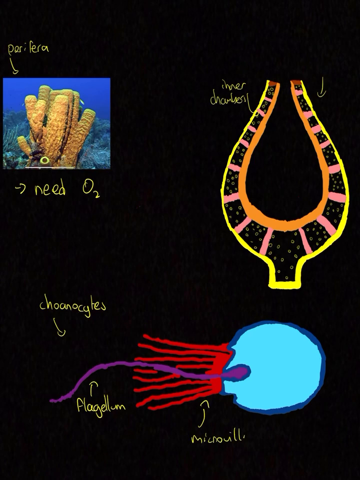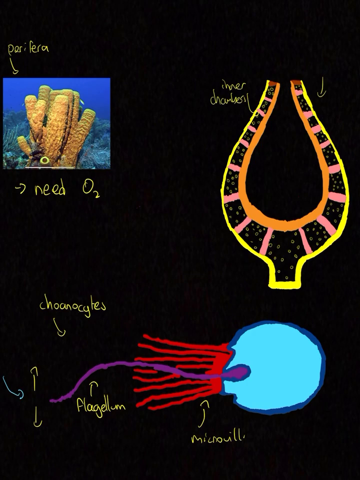The flagellum's job is to be moved back and forth by the cell in a rhythmic motion, which draws a water current towards this cell and thus towards the sponge. The microvilli help support the cell and maintain the stability of the choanocyte while the flagellum is beating.